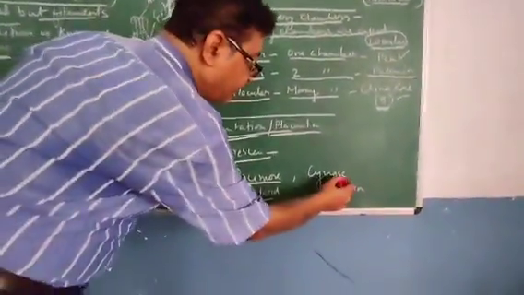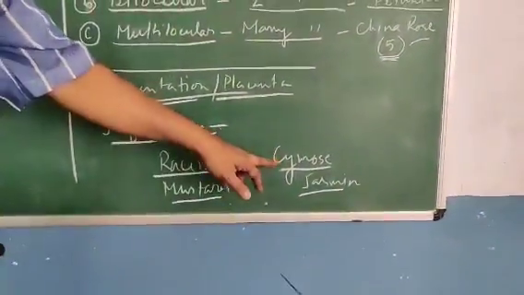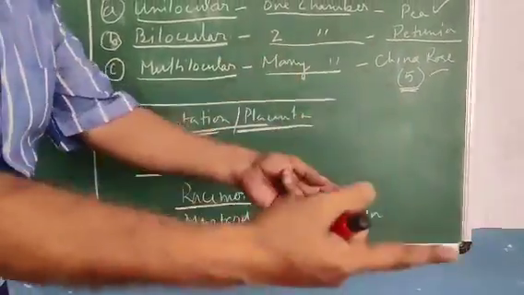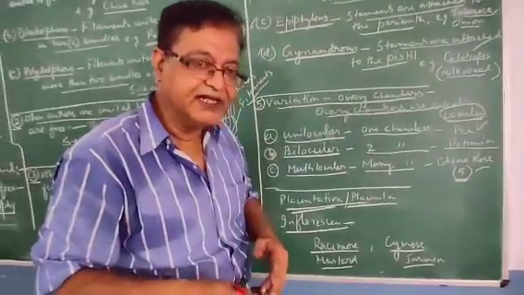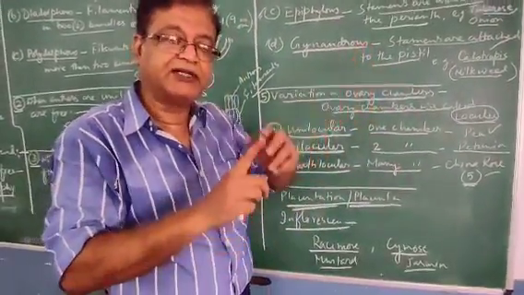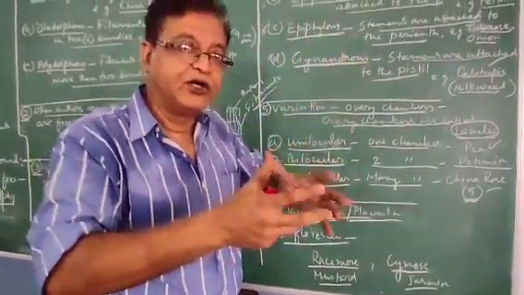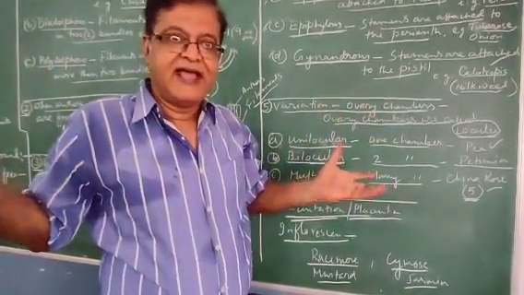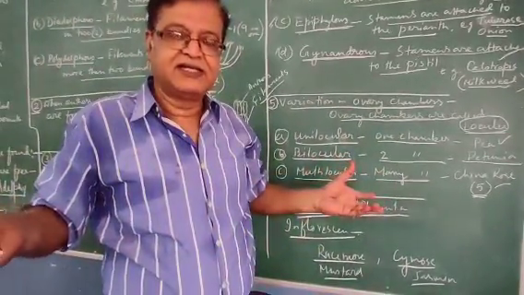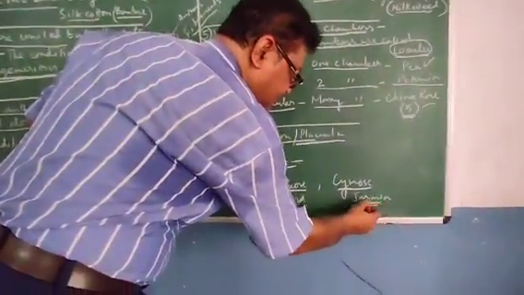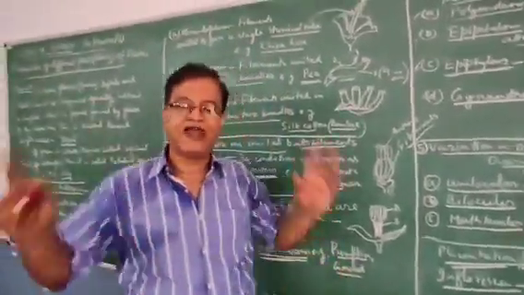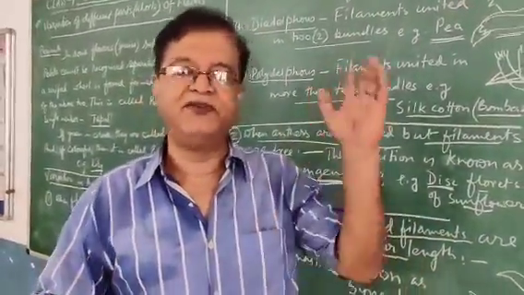And cymose inflorescence is the other type, where old flowers are at the top and new flowers at the base. That means the main axis does not grow long, but it grows sideways, and young flowers are at the base. This is called cymose inflorescence. Here the example is jasmine.